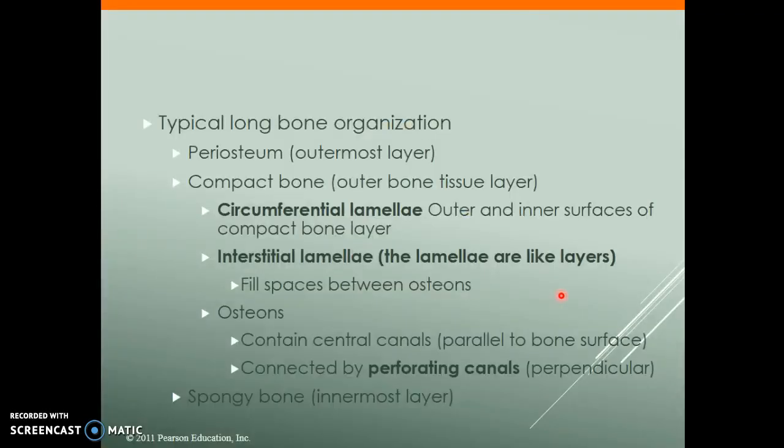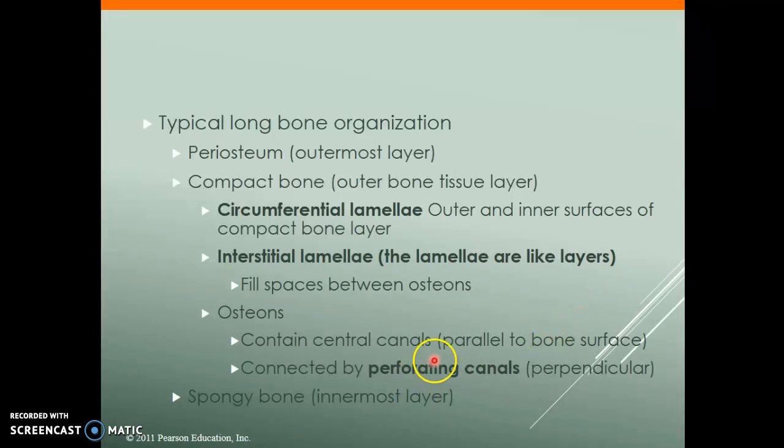Your typical long bone has an outer membrane called a periosteum. The outermost part of that long bone is compact bone, and the compact bone is found as osteons.